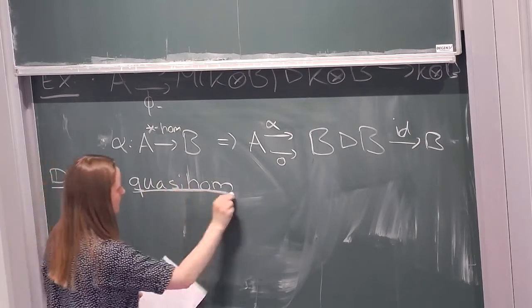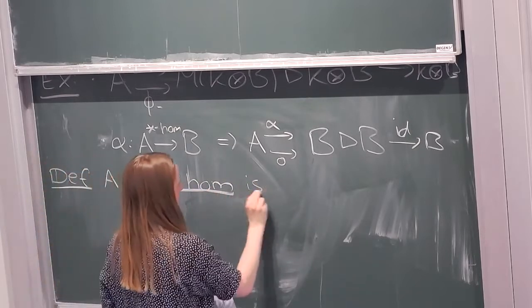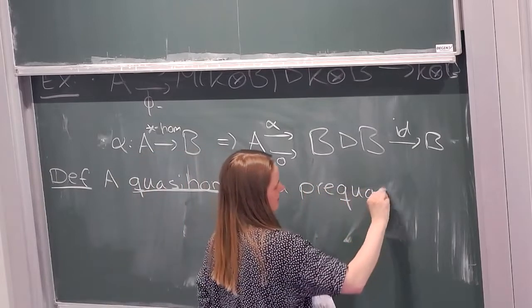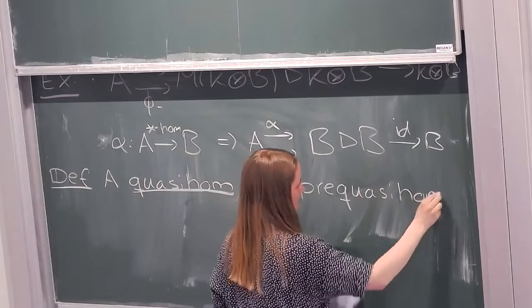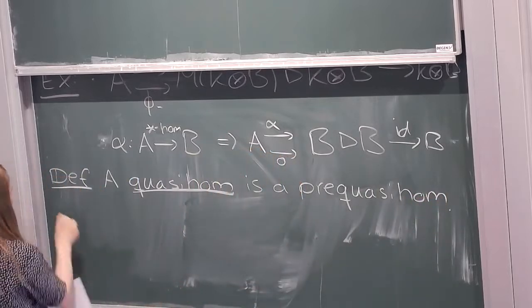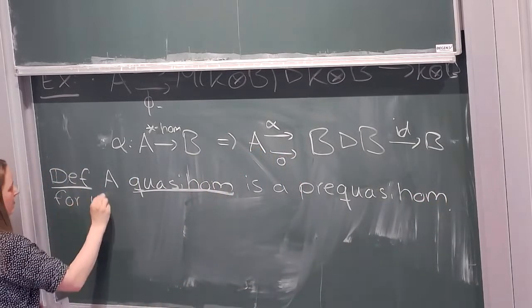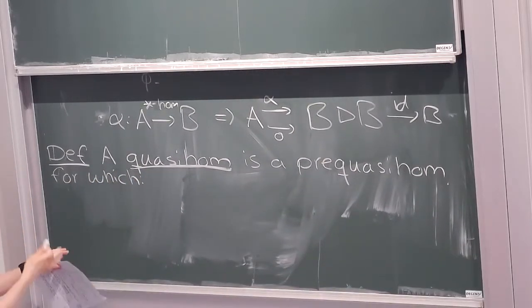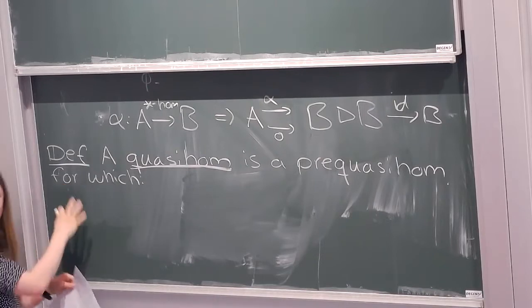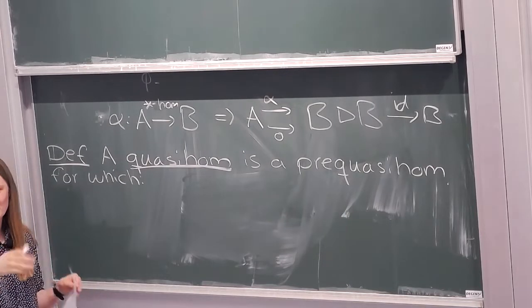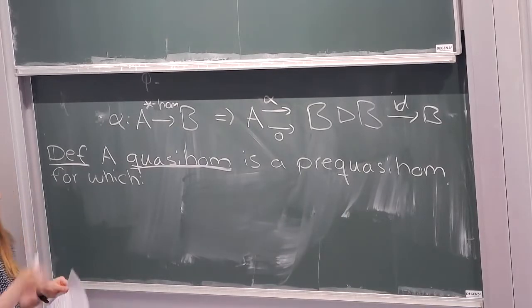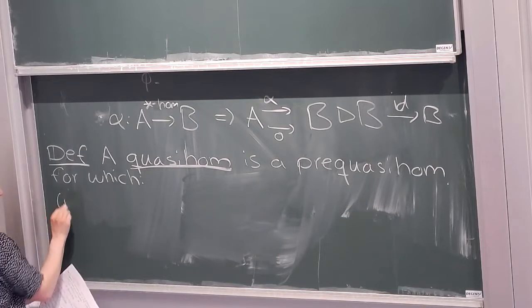I will give you the definition. I will not use these conditions later on because I will not provide any technical details or proofs, but let me give you the definition still.